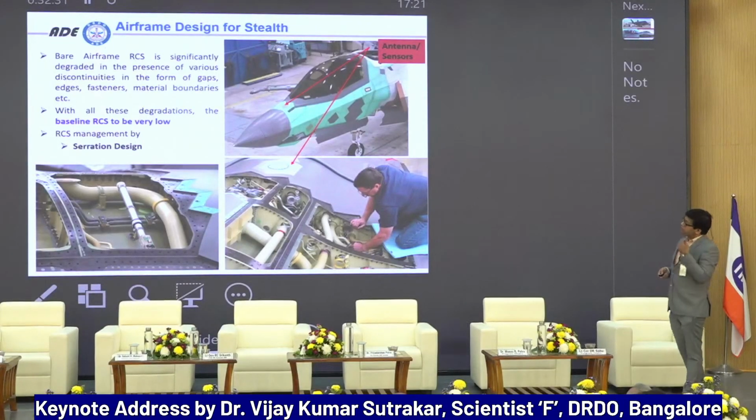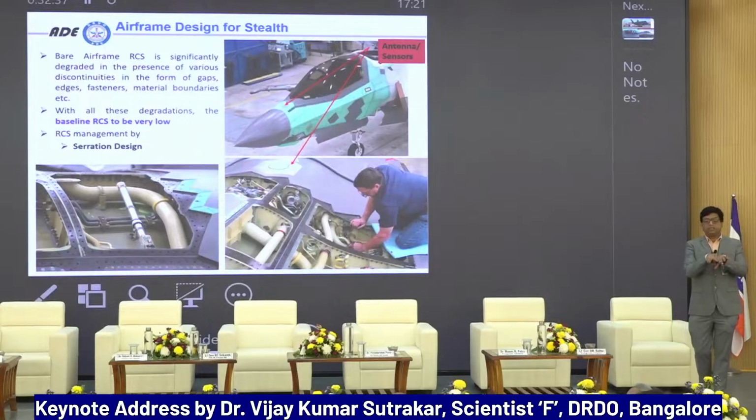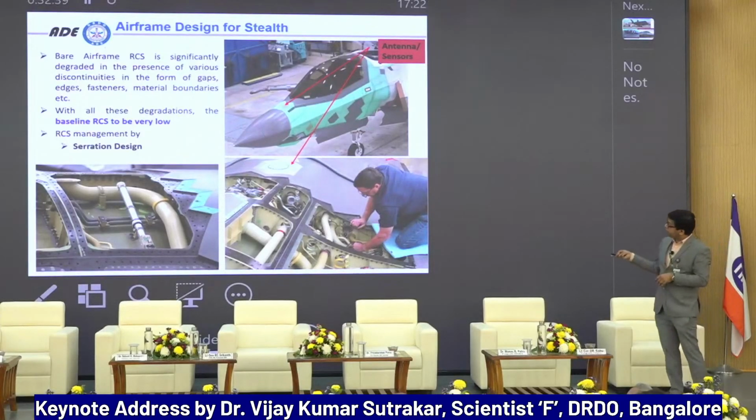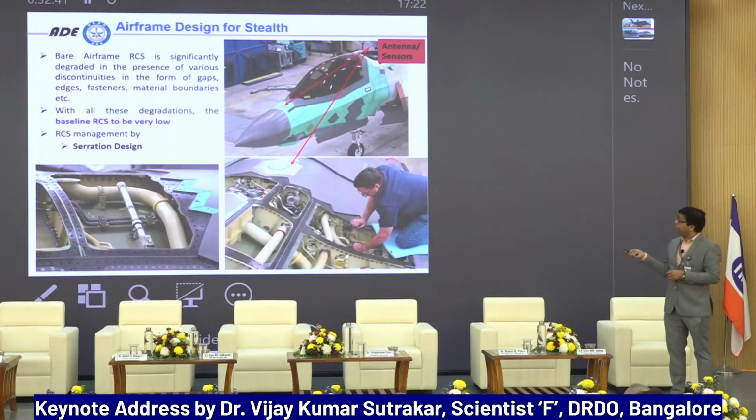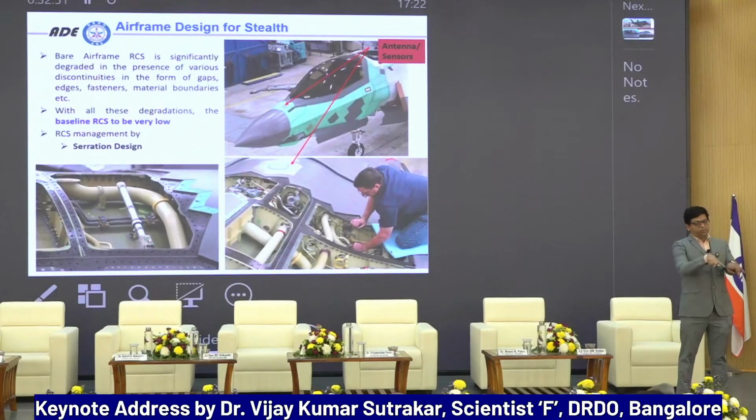This is for reducing the signature of those discontinuities in the skins. So the skins also need to be serrated. This is again a complicated design, so we cannot have the conventional way of fabricating the components. Now if I have a serration, suppose my part was ending here, now I have made a serration.